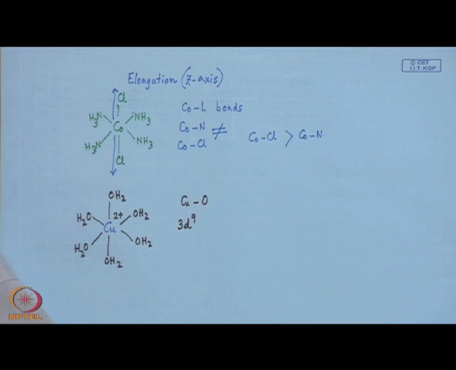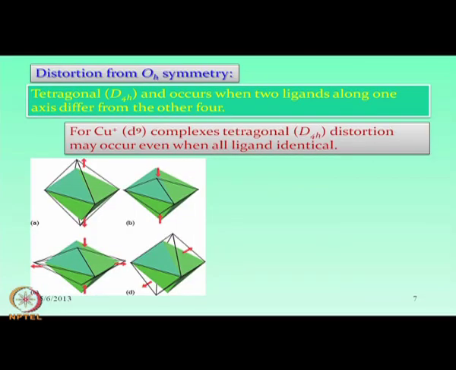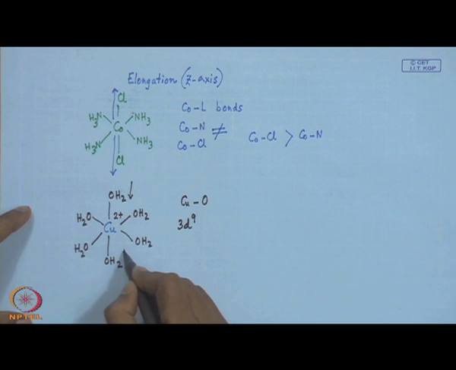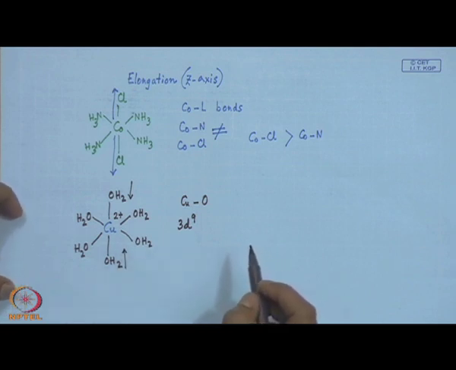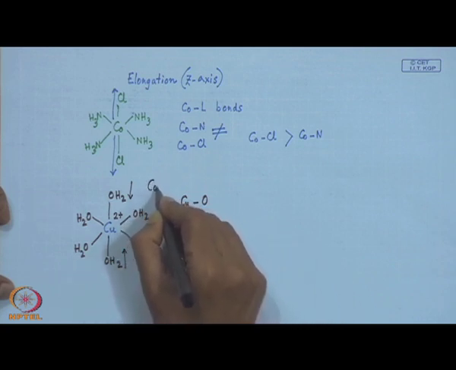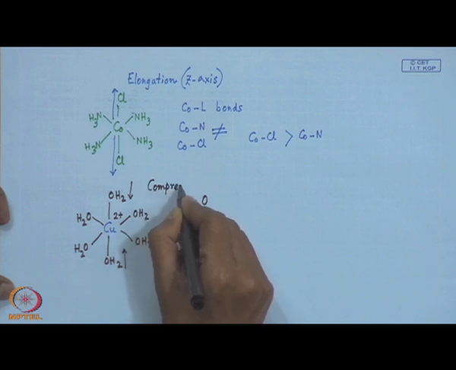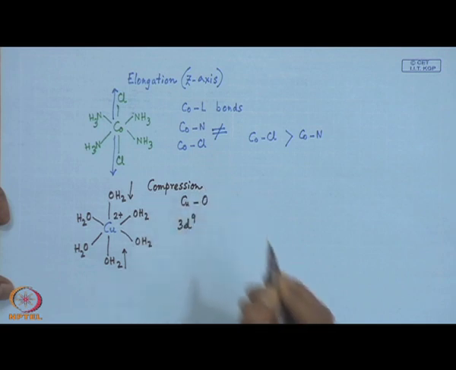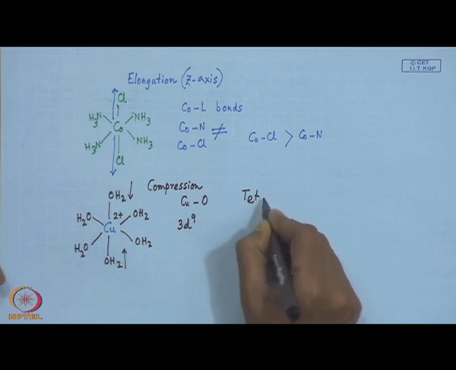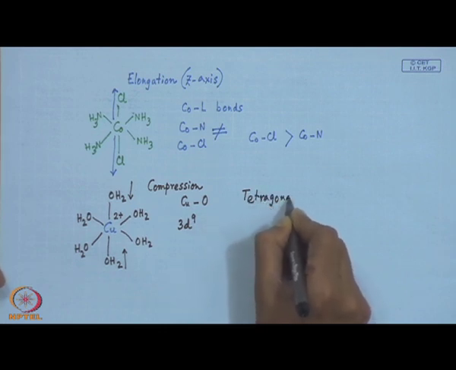In this tetragonal system, the z axis is either elongated or compressed. When these two bonds are shorter compared to the other 4 bonds, instead of tetragonal elongation we get a tetragonal compression. So, this is the distortion which is tetragonal in nature.